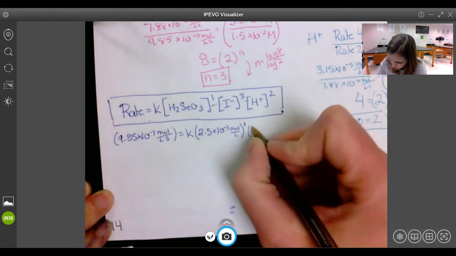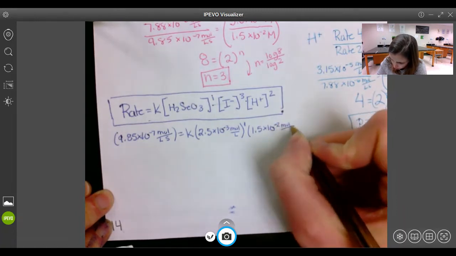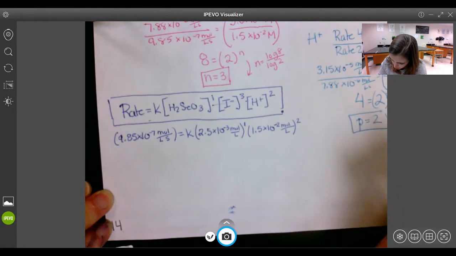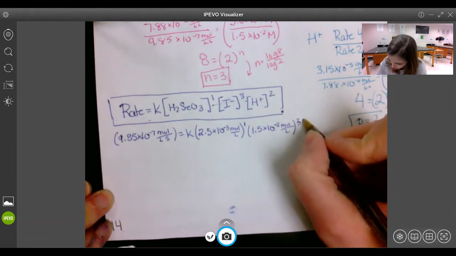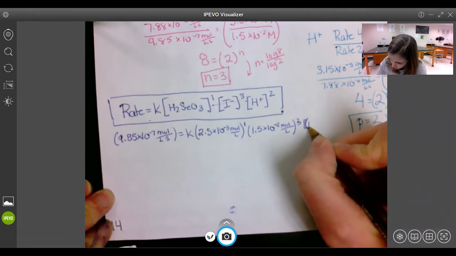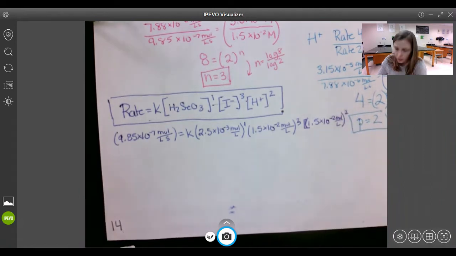Then I'm going to have the concentration of iodine, which is 1.5 times 10 to the negative 2 mole per liter, cubed, because it's the third order. And then for H plus is 1.5 times 10 to the negative 2, which is mole per liter squared.